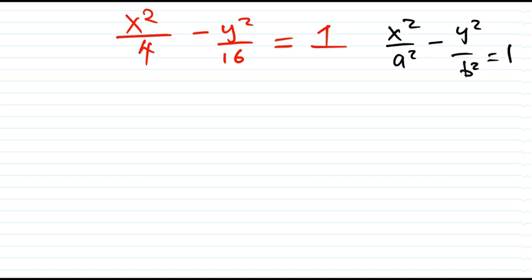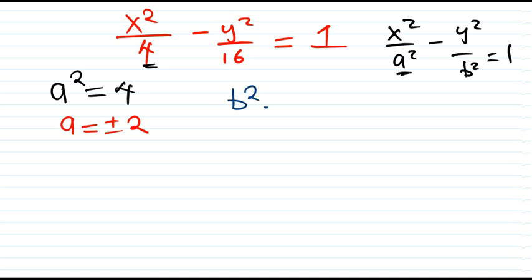So our a squared, we can clearly see that is equal to 4. They are in the same position. So if we try to find our a, we're going to find plus or minus 2, right, for a. And then our b squared is equal to 16.